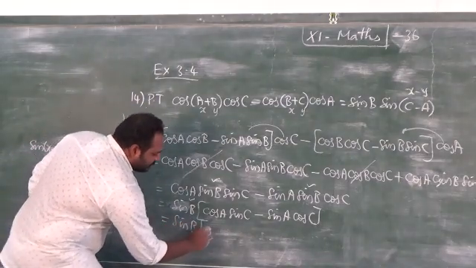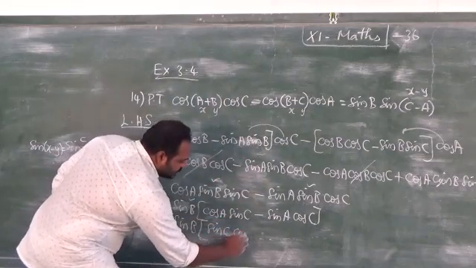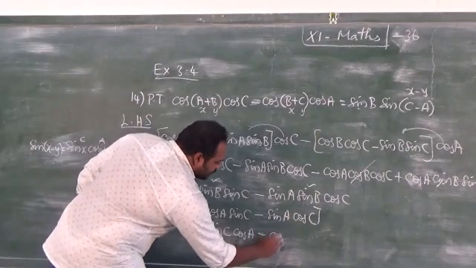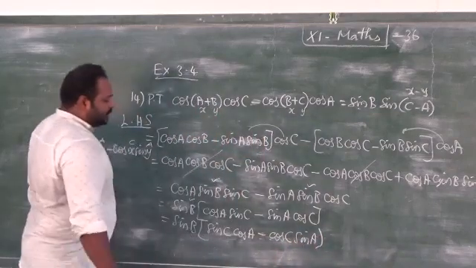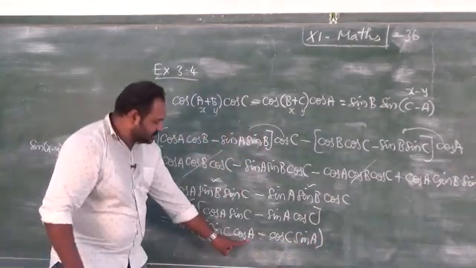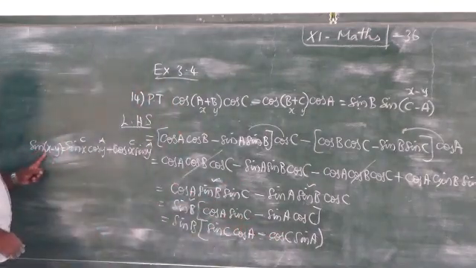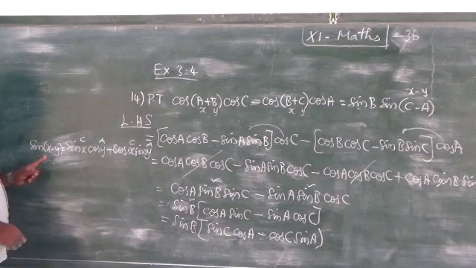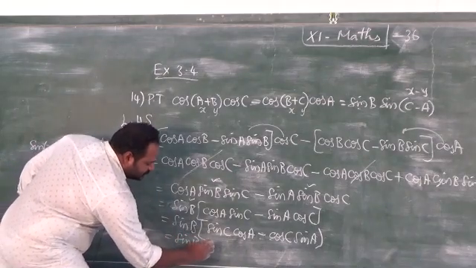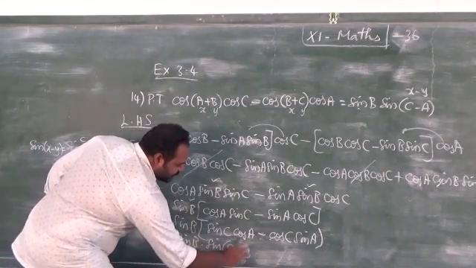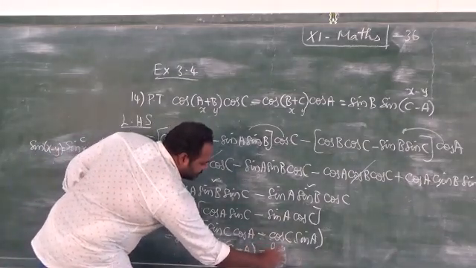Sin B first, and instead of X we have considered C. So sin C cos A minus, next, cos C sin A. Now look at that, we got the sin X cos Y minus cos X sin Y formula, it is a form of sin of X minus Y. Here it is sin B into sin of C minus A. So finally we got the RHS.